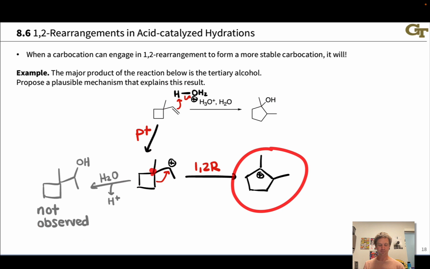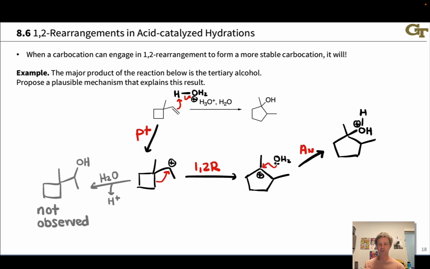And notice this carbon that originally had 4 bonds now only has 3 and is positively charged. And this is the carbon that picks up the OH group in the final product. So now water engages in a nucleophilic attack on that cationic carbon. We end up with this structure, and deprotonation at the future alcohol oxygen generates the neutral alcohol product.